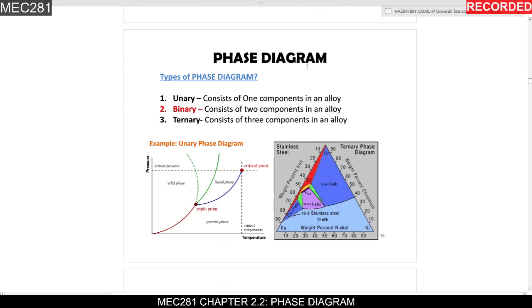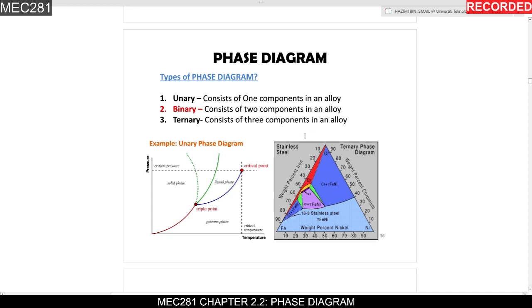Okay, phase diagram. There are three types of phase diagram. There are three terms you have to remember: unary, binary, and ternary. So uni is for single, bi is for two, and ter is for three. So what it means in the phase diagram is that when you have a binary, it consists of two components in an alloy. As we know, alloy is the combination of two or more elements.